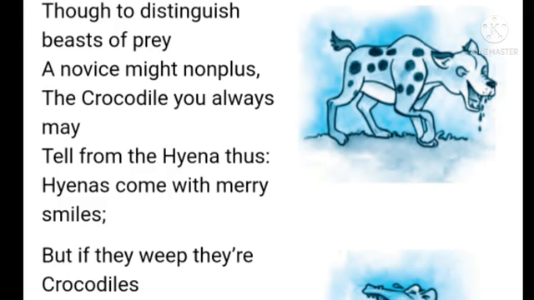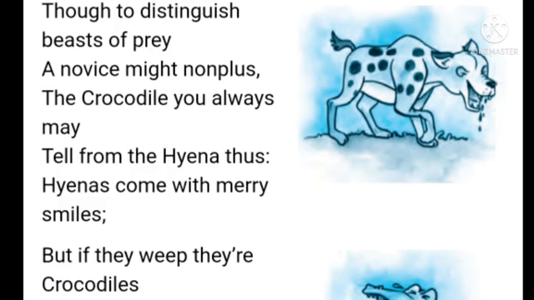In this stanza, we can see the poet is explaining about two animals. The poet says that for someone who is very new in this field of recognizing animals, it will be like a puzzle to recognize animals that hunt other animals for their food. They will be really puzzled.